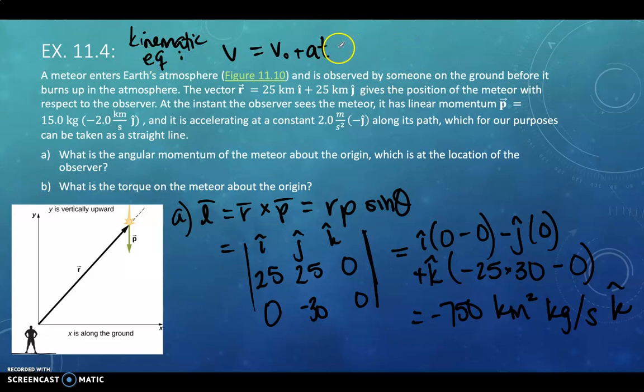Now we can write this as negative 2 kilometers per second j hat, because this term is our initial velocity, plus a, our acceleration, which is negative 2 meters per second squared in the j hat direction, times t.